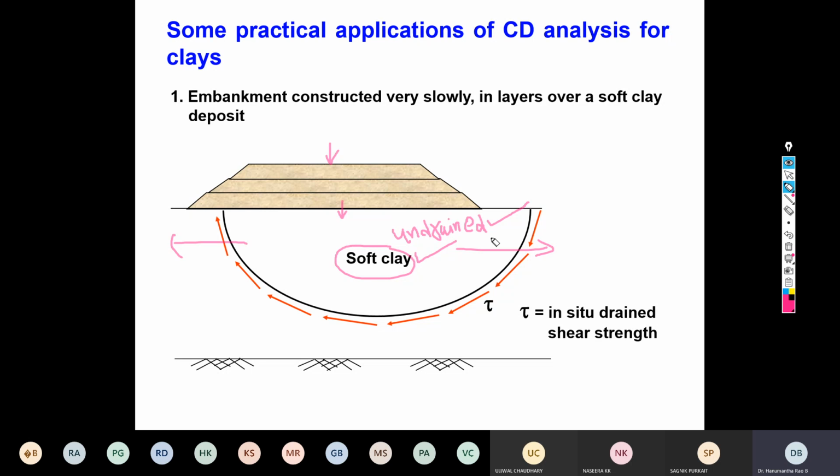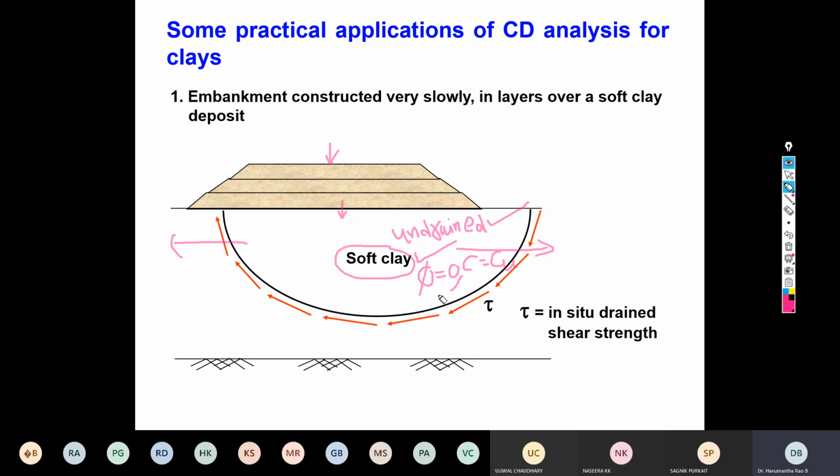Just remember, when there is an undrained condition, the value of phi is 0, and your C is nothing but Cu, the undrained cohesion or undrained shear strength. In all undrained soils, the angle of internal friction is 0.